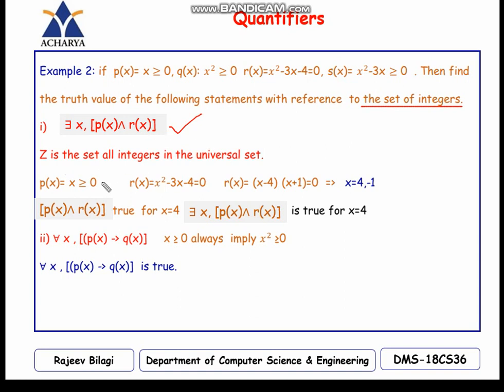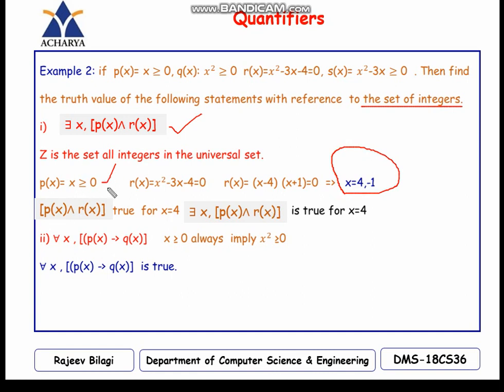Now Z is the set of all x where x is greater than or equal to 0 for P of x, and R of x is x square minus 3x minus 4 equal to 0, that is x minus 4 times x plus 1 is equal to 0, which indicates x is equal to 4 and minus 1.